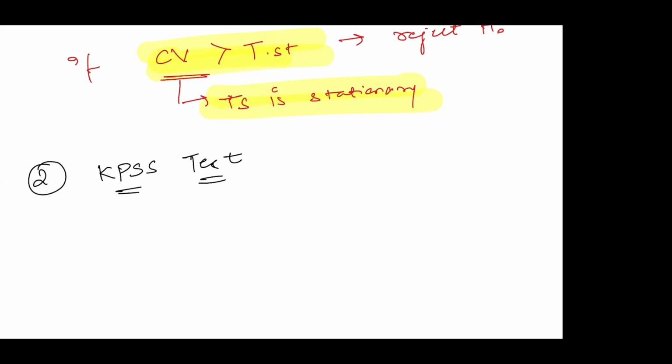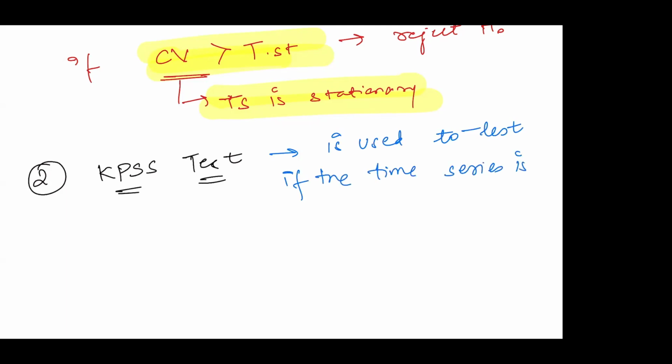The reason is the KPSS test is used to check if the time series is trend stationary. So what do you mean by the word trend stationary, you might be thinking.